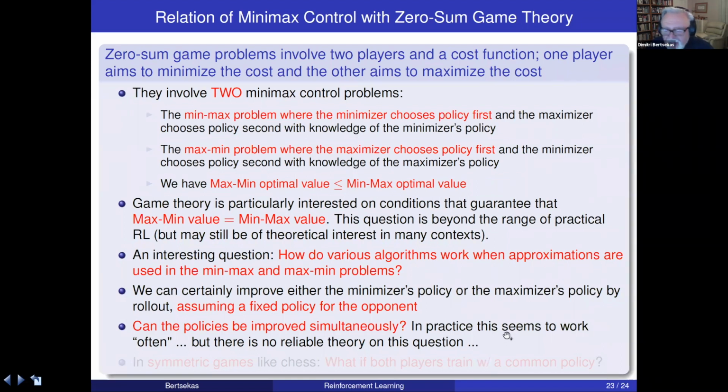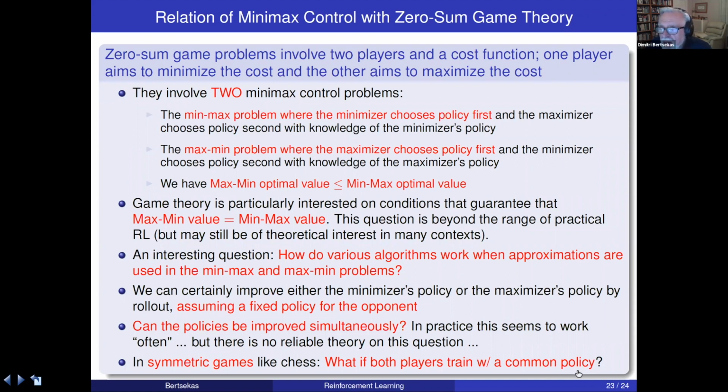Well, there are practical algorithms that you can use, but there are no guarantees for them, and there is no reliable theory for them. In particular, the kind of algorithm that was used in AlphaZero involves training and changing the policy for both the maximizer and the minimizer. In other words, generating a new player that's being used by both the maximizer and the minimizer.